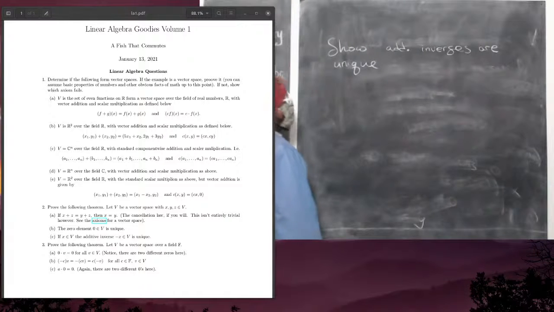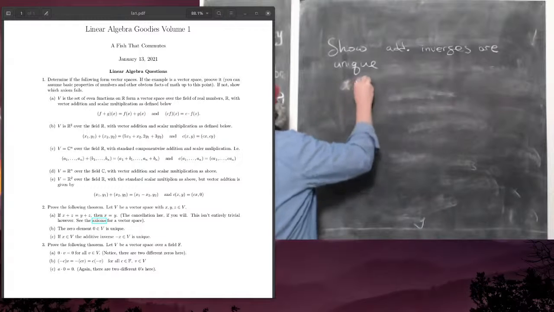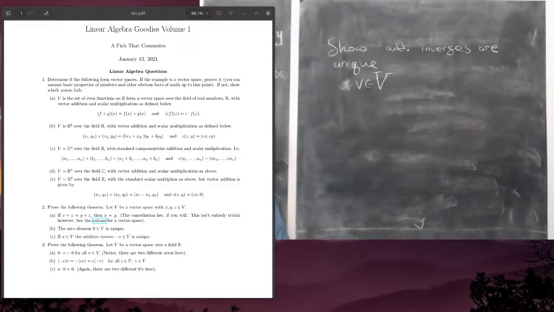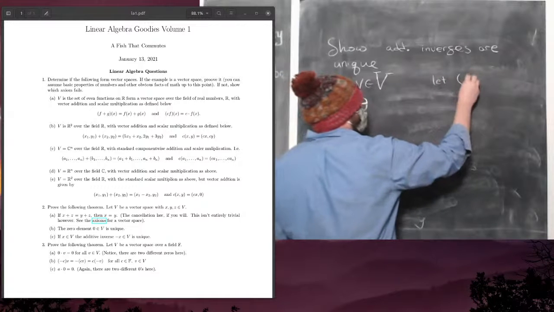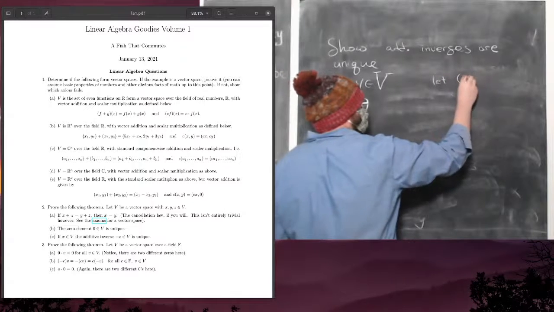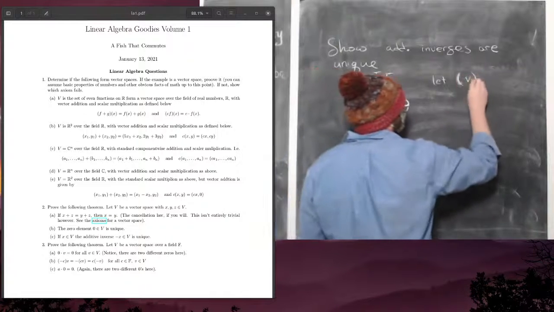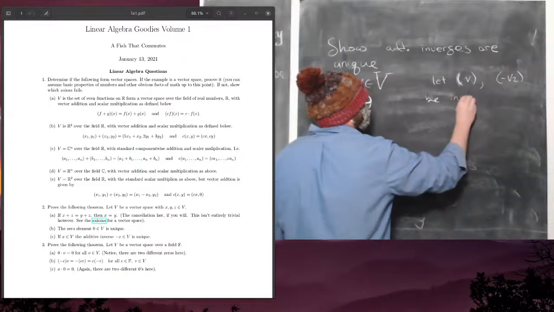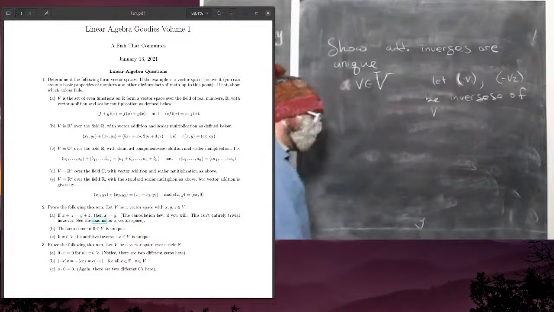It's more of this silly trickery. So again, let's suppose we'll let V be a vector in our vector space, and we'll let negative V1 and negative V2 be inverses of V. So what does that mean?